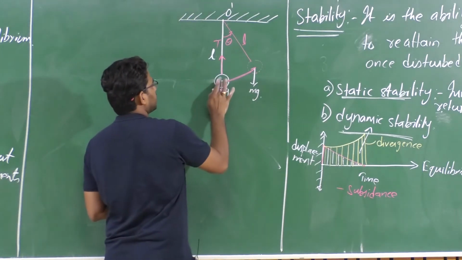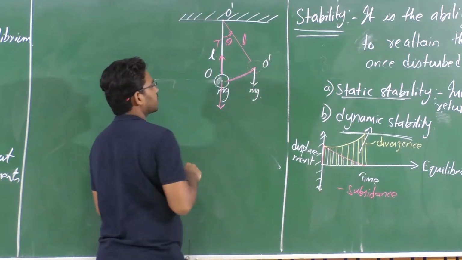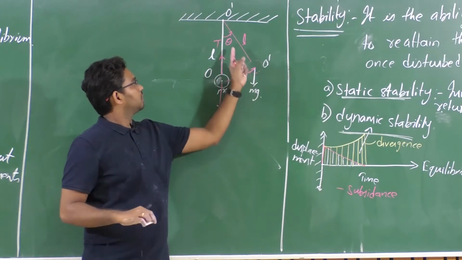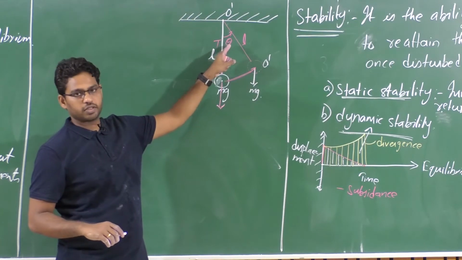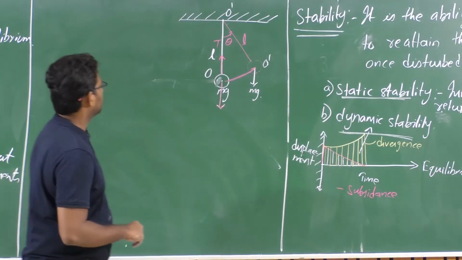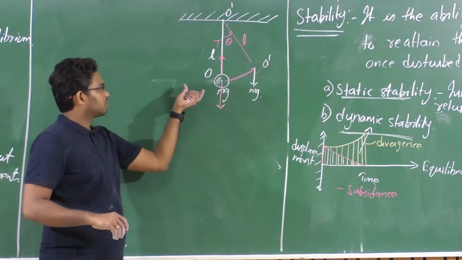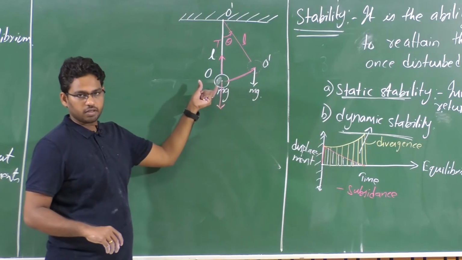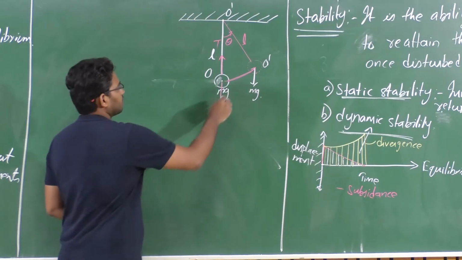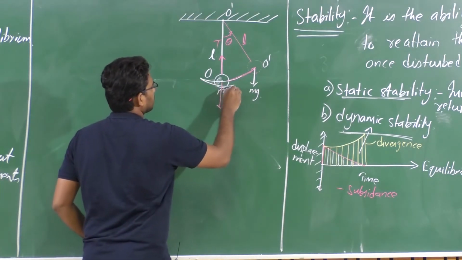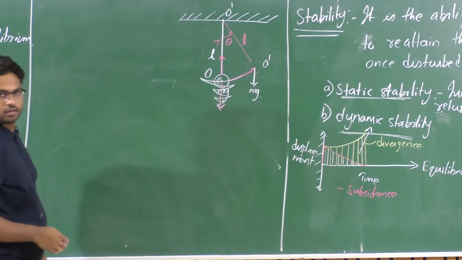Let O be the initial equilibrium, and O prime the displaced location, a geometric location that corresponds to this deflection theta, right? Now when we leave it from O prime, the bob, that is the mass, will try to come back towards this equilibrium, and then it will try to oscillate about this equilibrium with time, right? Am I correct or not?